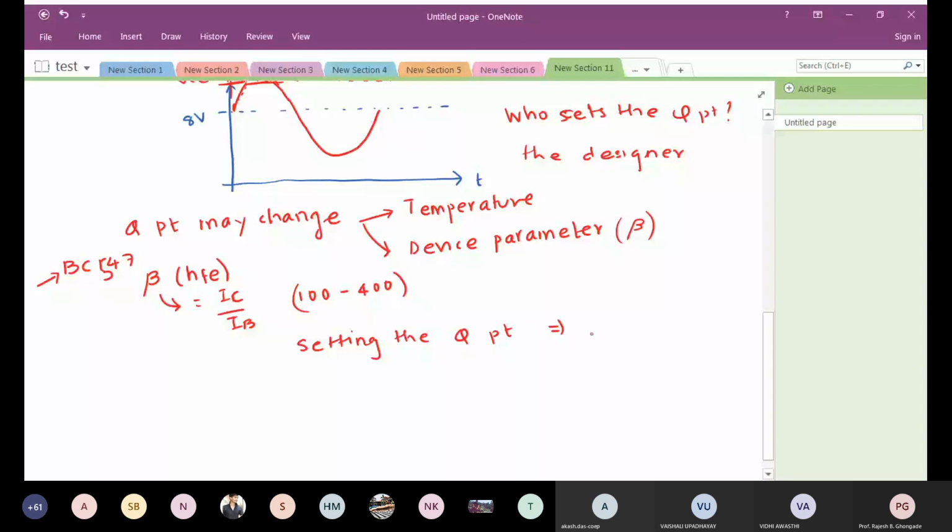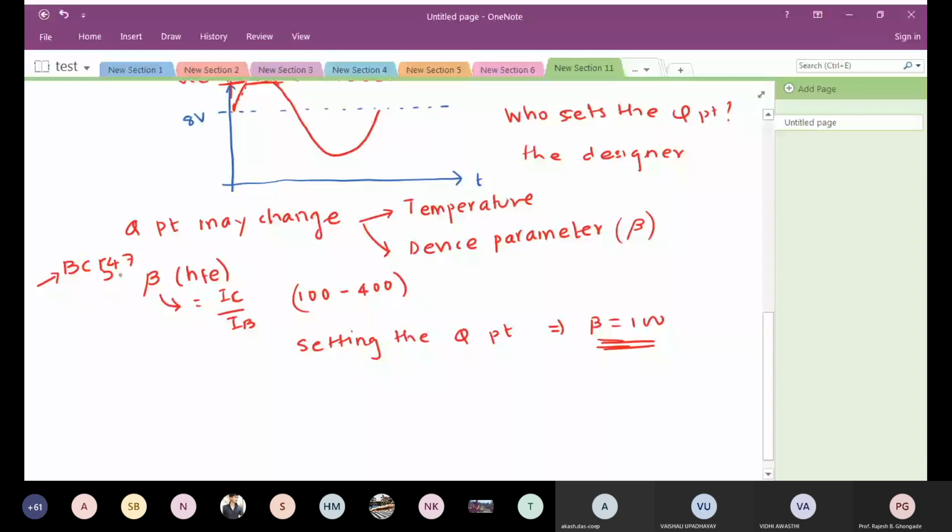But if you are fabricating 100 such circuits, you cannot guarantee that beta of all the transistors is going to be exactly 100, because the manufacturer himself says that there will be a variation of so much.